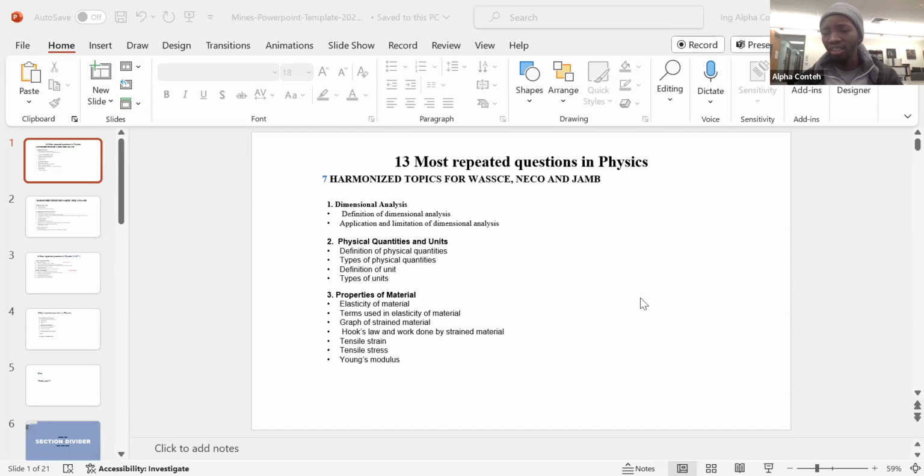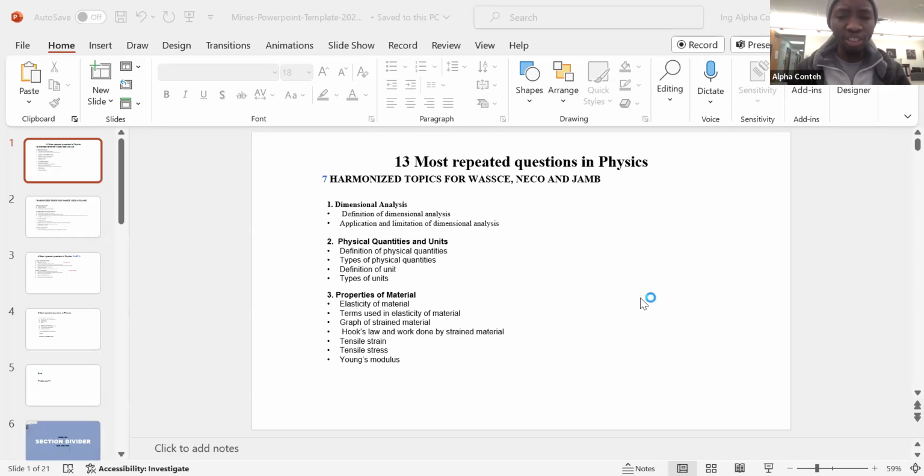Also, take note of the uses of dimensions, and you should be able to recognize the physical quantities used in dimensional analysis. You will also come across basic or simple calculations under there. So dimensional analysis is one of the harmonized topics, so it must be thoroughly mastered.